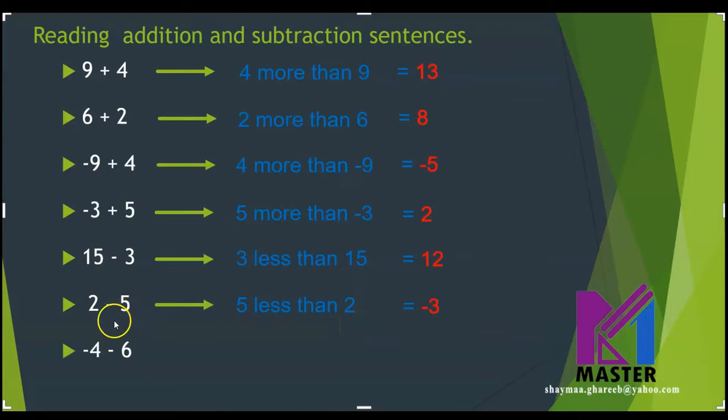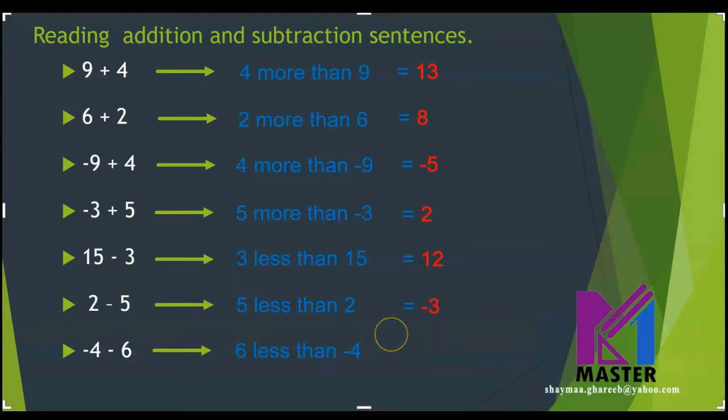Okay? Now I have a negative number minus 6. Negative 4 minus 6. So I will read it exactly the same way, which is 6 less than, for the subtraction sign, or for the minus. So 6 less than negative 4. Less than or the subtraction means I count backward. So I will start from the negative 4 and I will go backward.